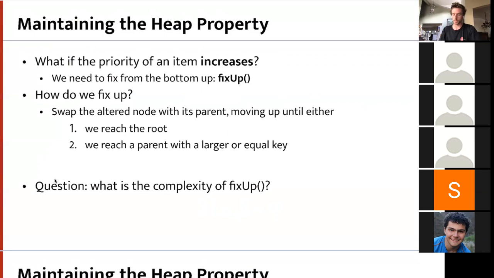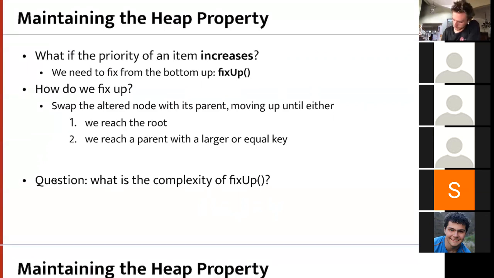You just swap the node that has been changed with its parent if the priority has increased greater than its parent. And you keep doing that until you reach a node that if you swap, the heap property would not be maintained.